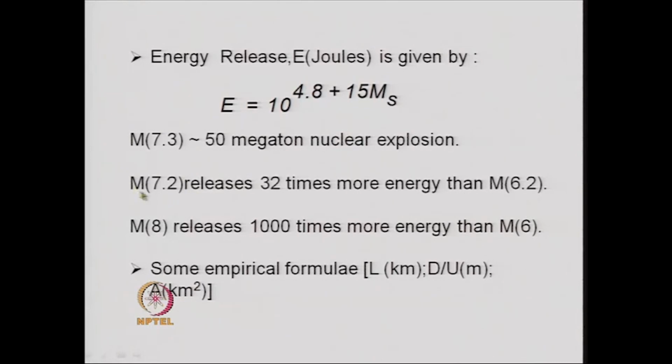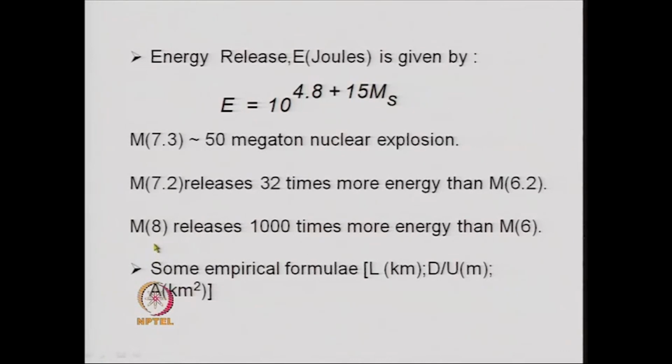Because of the log relationship that exists between the magnitude of earthquake and the amplitude of ground motion, magnitude 7.2 releases 32 times more energy than a magnitude of 6.2. Magnitude of 8 releases about 1000 times more energy than magnitude 6.